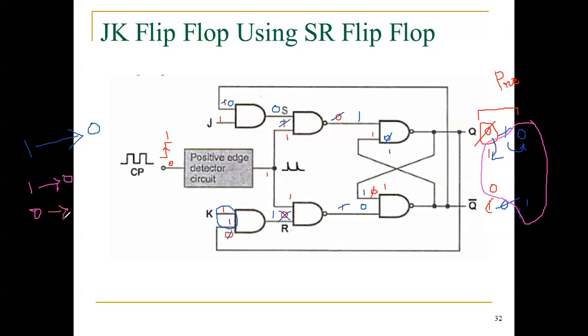That means it toggles, or changes continuously. So whenever my gate input is positive, it's triggering high. J equal to 1 and K is also 1. Output will be what? Toggle.